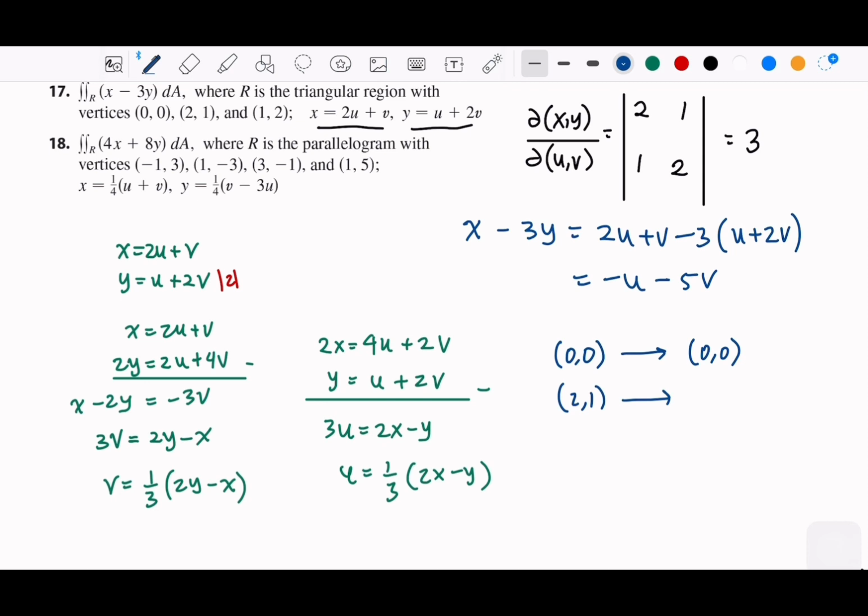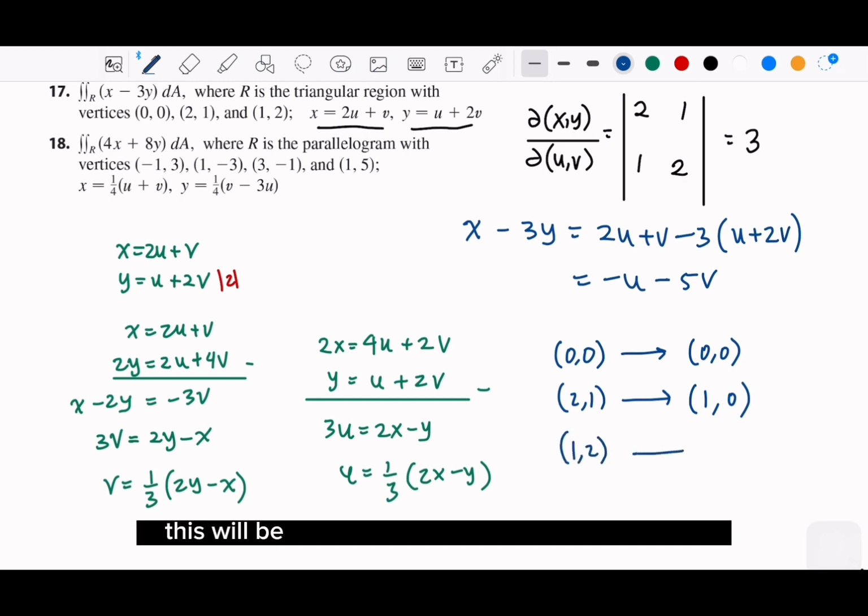So 4 minus 1 is 3, so it's 1, and b is 2. Minus 1, 0. Yeah, 2 minus 2, 0. And then what will be this? 0, 1. Oh yeah, 0, 1.